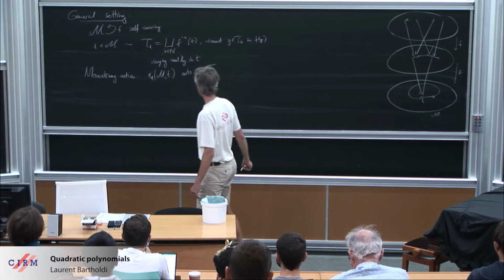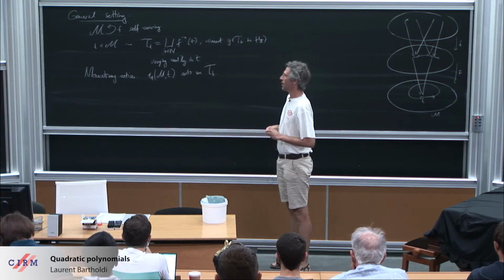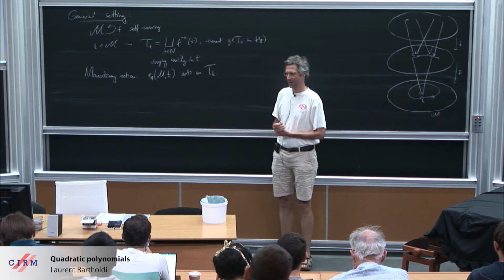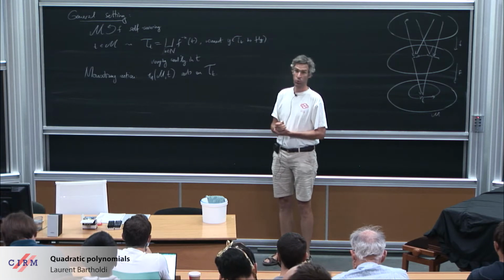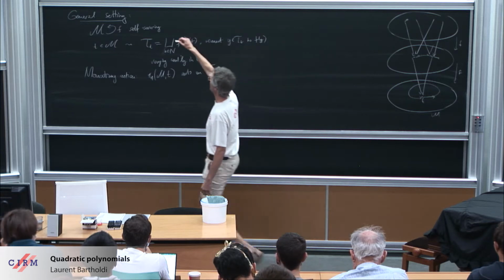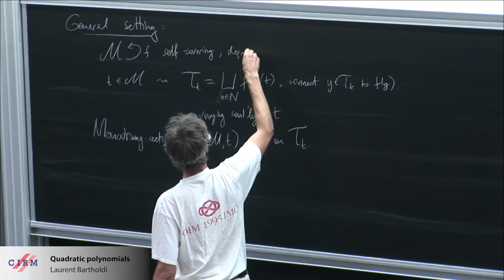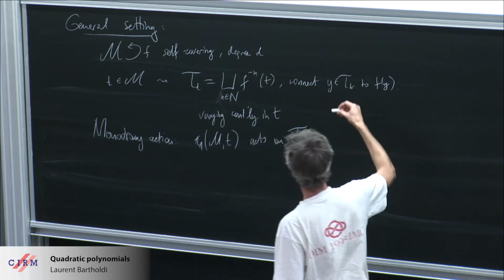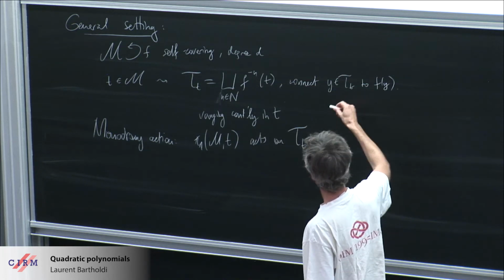But the important thing is that there is just one. So let's say that this has degree D. So this is going to be a D-regular rooted tree.